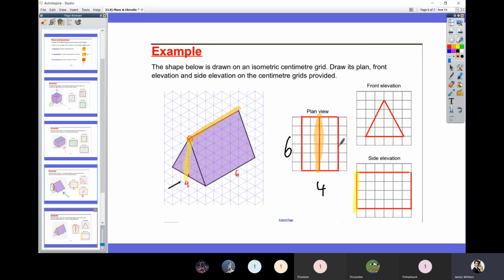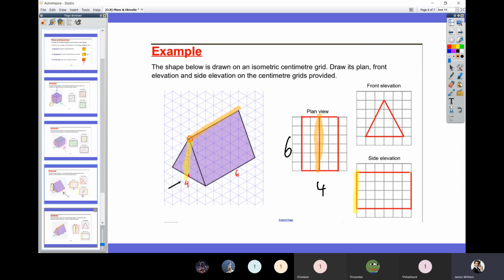That's what the roof would look like, so you would see this line here. That line needs to be included in the middle, because as you come down, that's exactly in the middle of the 4. So this line here does need to be represented in the plan view.